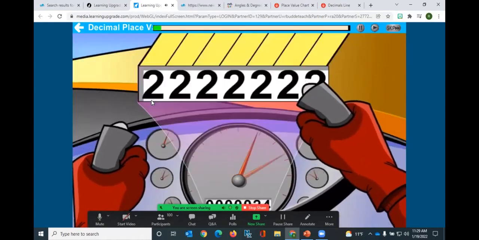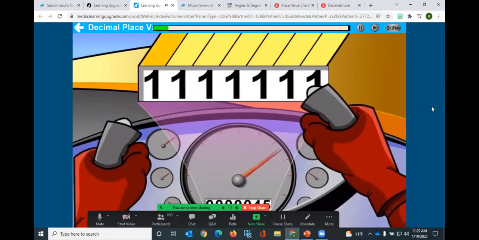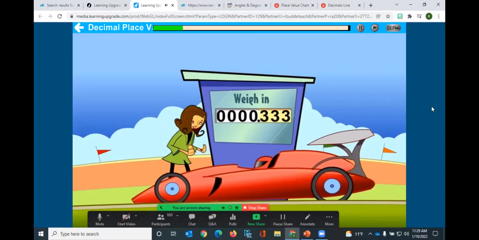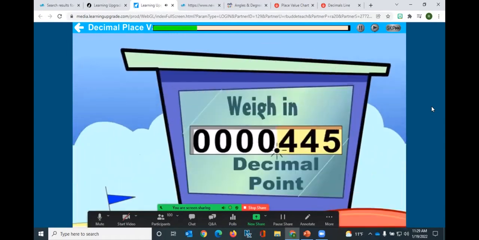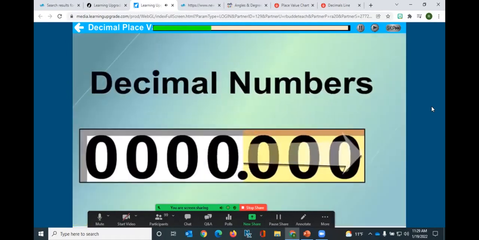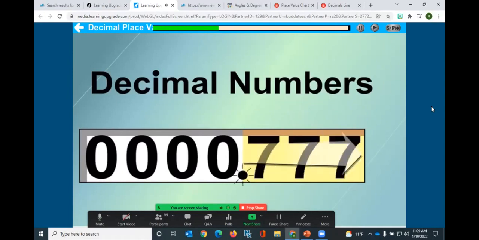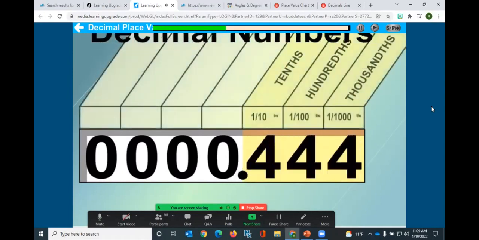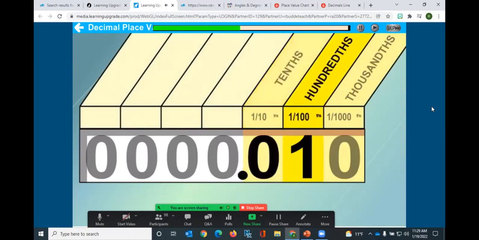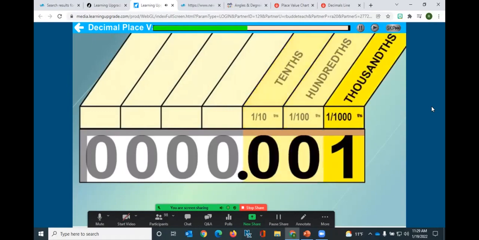Remember place value? Well, we're going to add some more places, but this time to the right, after a decimal point. Decimal numbers have digits to the right of the decimal point. These places are called the tenths place, hundredths place, and thousandths place.